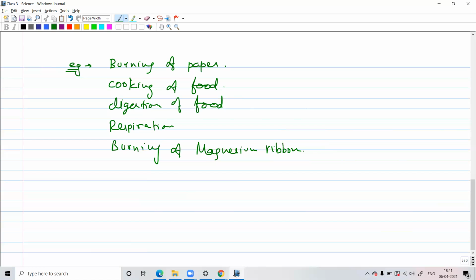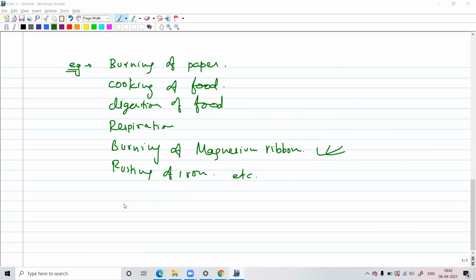This is also an example of chemical reaction. And to add a few things, like you can say rusting of iron. Okay.